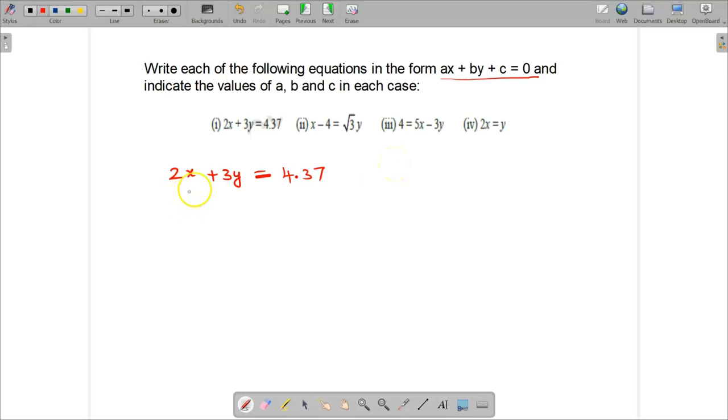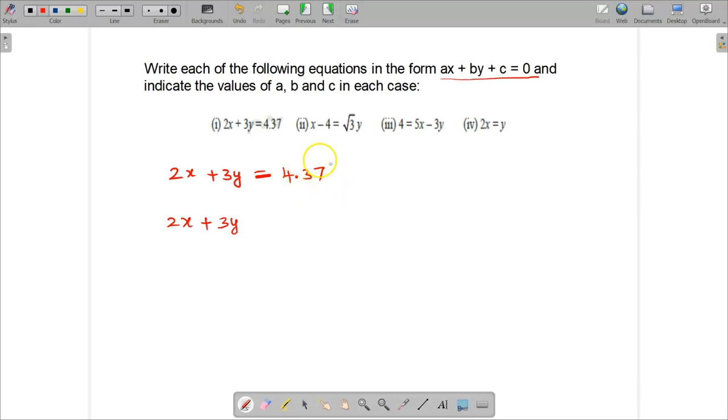When we compare, we can already see that a is equal to 2. So 2x is already given, and instead of by they have given 3y, so b is 3 here, and then plus c. The right hand side should be equal to 0, but they have given 4.37.